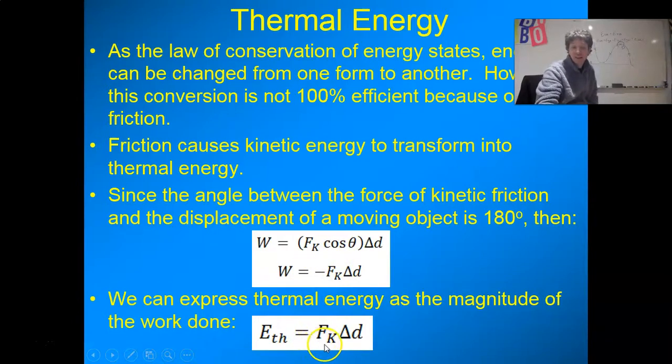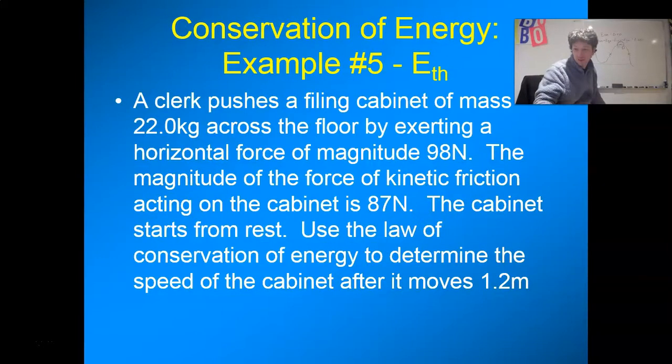And we can calculate it as simply the force of kinetic friction times the total displacement of the cart, if we're still talking about the roller coaster example. Okay. Now in this case, it would be more of a distance factor than displacement, because you're not going to calculate from here to here. You want to calculate the entire length of the track that your cart was in contact with. Okay. So let's try an example with friction, a simple one, and then we'll come back to our roller coaster.